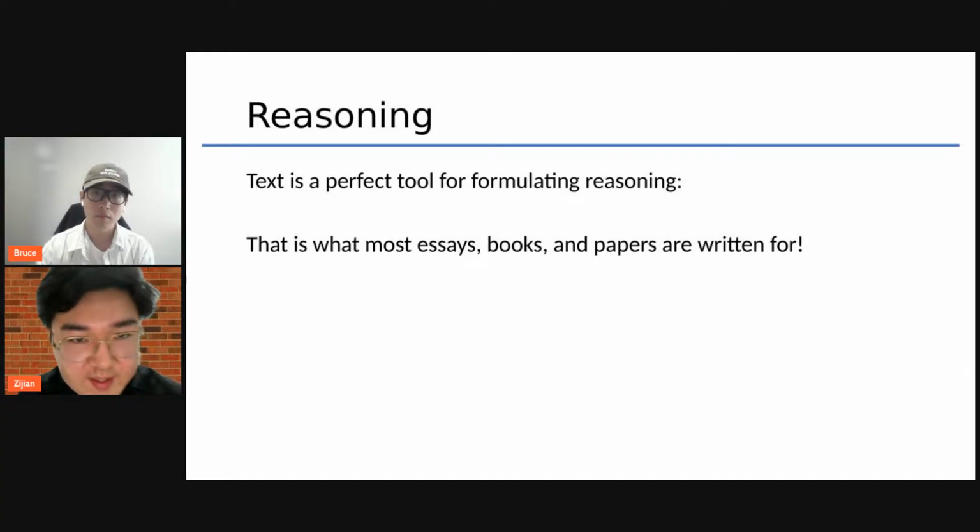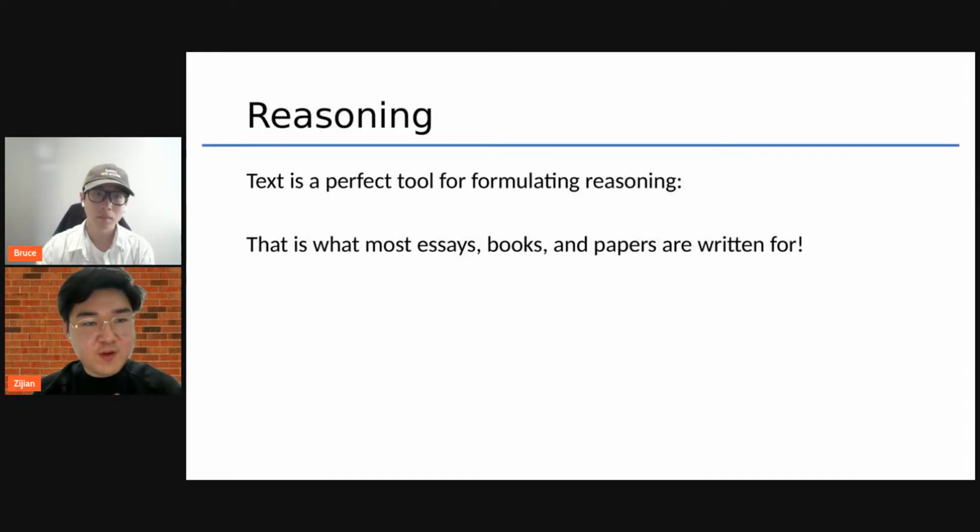How do we inculcate reasoning in large language models? I would say text is actually the perfect tool for formulating this kind of reasoning. Why is that so? Because if you think about it, most of the most rigorous reasoning processes that humans have ever created are predominantly written in text.